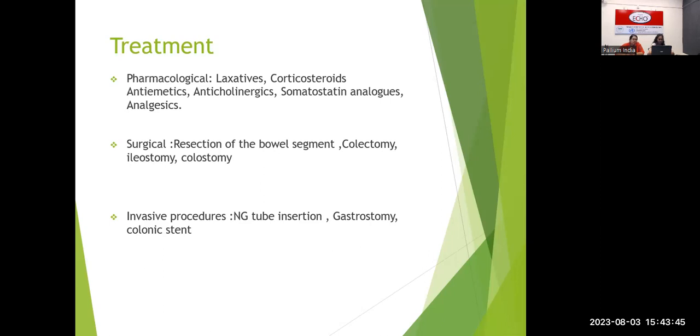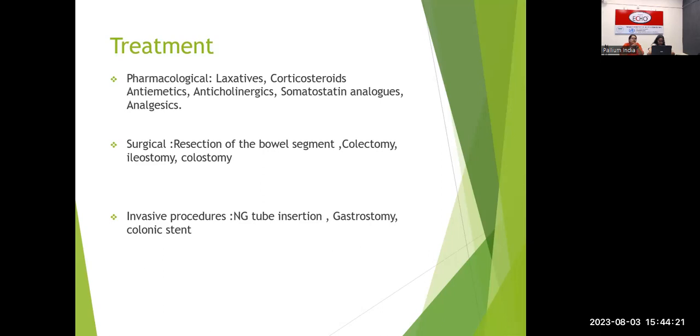Antiemetics, I said metoclopramide or domperidone can be given only in case of partial bowel obstruction. It should not be given in complete obstruction. So you have to keep that in mind. Anticholinergics are medications that help in decreasing the secretions. And somatostatin analogs like octreotide help in decreasing the secretions, thereby reducing the volume of vomitus. Then analgesics, definitely for pain you have to give opioids or as required, and continue the pain medicines.